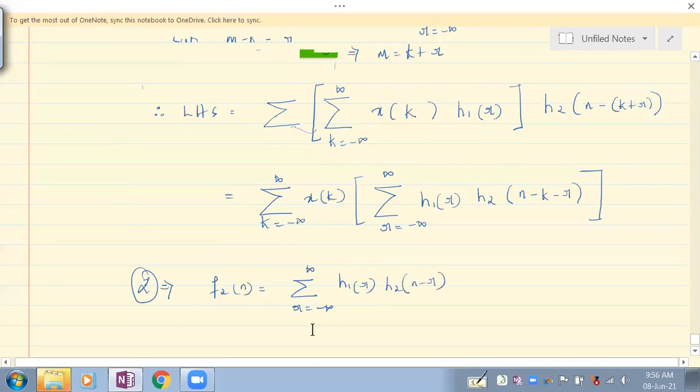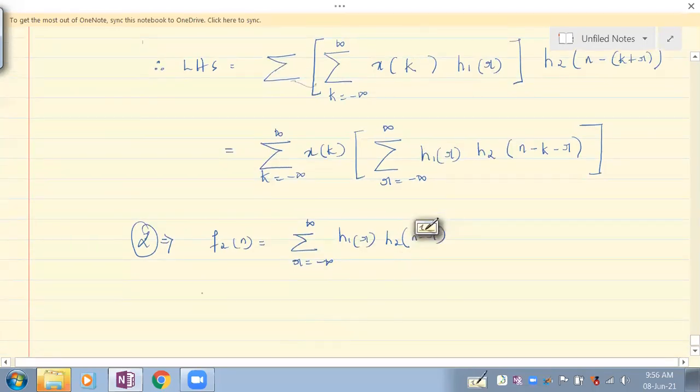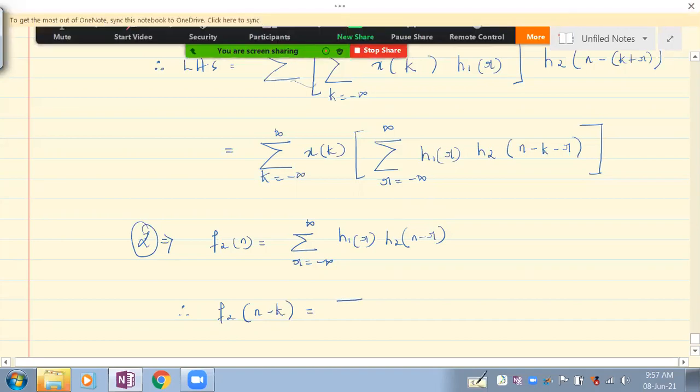If this is equation 2, then f2 of n minus k would look like what? R ranging from minus infinity to plus infinity, h1 of r would be as it is, but n would be replaced by n minus k.